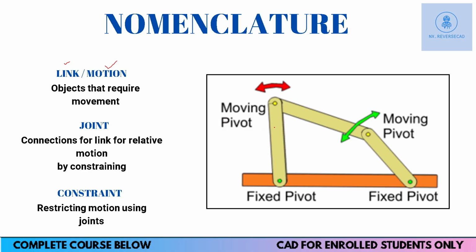So if you see on my screen here, this is an object, this will require some motion. This is also an object, this will also require some motion, and this is also an object which will require some motion. I'm not talking about the direction of this motion now, just believe that when the mechanism plays, these links would be in motion. It could be translatory or it could be rotational. And we see here, this is also a link, but it's a fixed link.